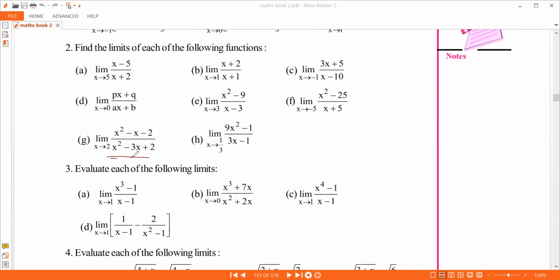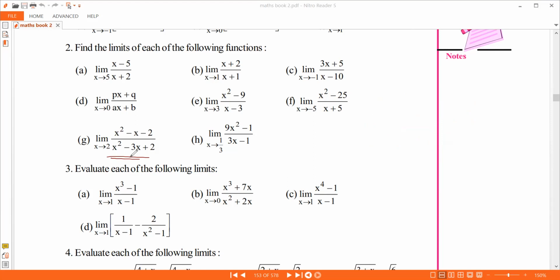What about this one? Putting in 2, the square is 4, minus 2 is 0, and 4 minus 12. Check slowly. Once again, check slowly.